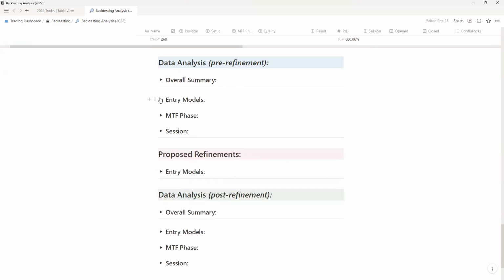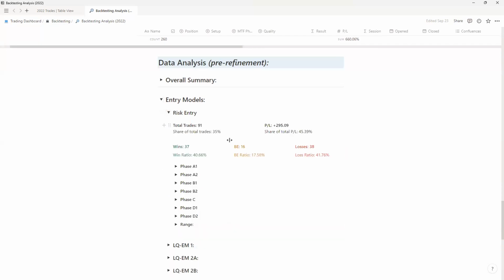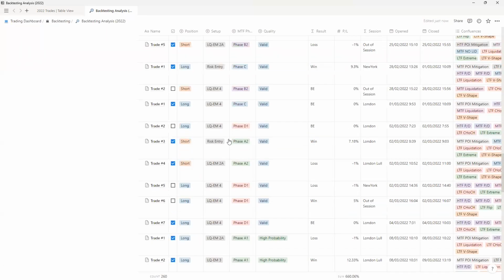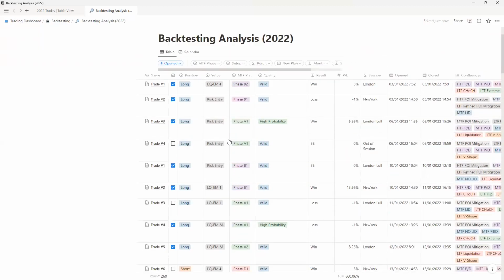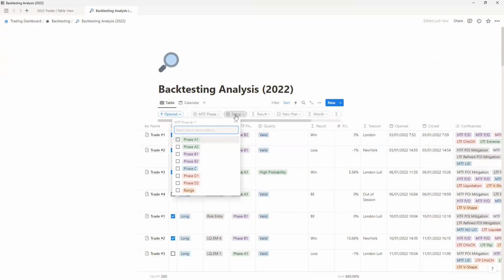But let's say we started on entry models. The first thing I wanted to do again would be to gather all of my information about a specific entry model. As you can see here, we've got risk entries, and we've got 91 risk entries with a total P&L of 295.09%. An easy way to do this is what I was saying earlier, to have these filters at the top, which is why I love Notion so much, because it's going to make it so easy for you.